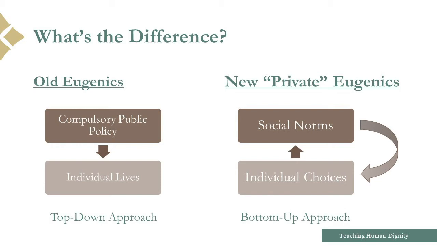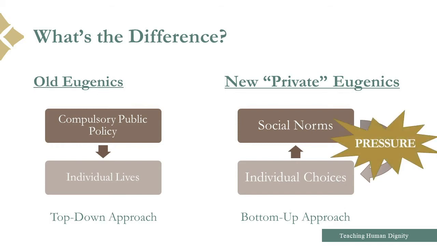I believe Leon Kass has argued that the difference between private and public eugenics is, at a certain point, unimportant, because the exercise of private eugenics creates social norms which function in the same way as public policy might to exert pressure on women to abort.